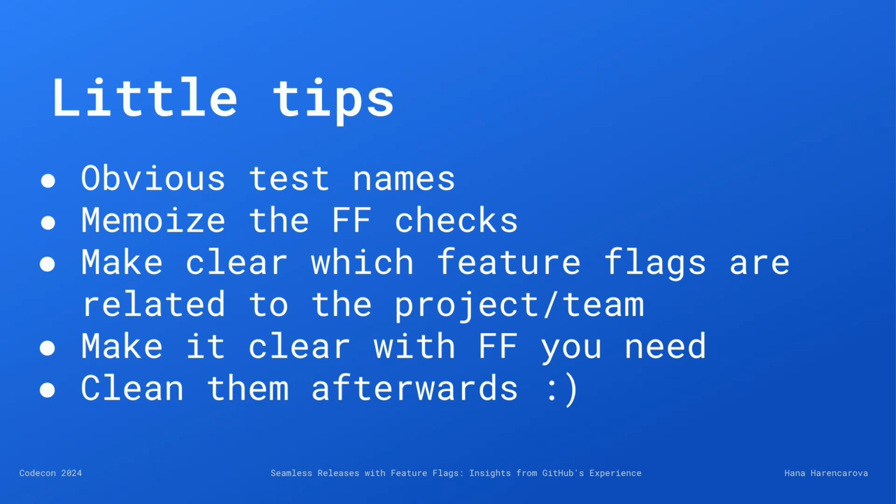And lastly, you want to clean them. What I heard from teams in various companies when we talked about feature flags was that it's a good idea, but it creates a lot of complexity because the feature flags just stay there in the code and then we have many branches. And I can see that happening, but the problem is that you just need to clean them.